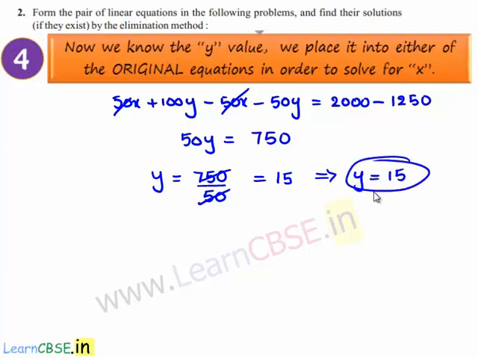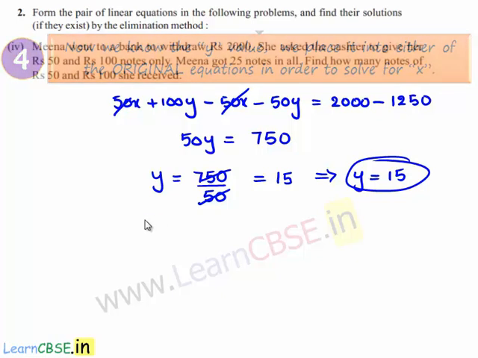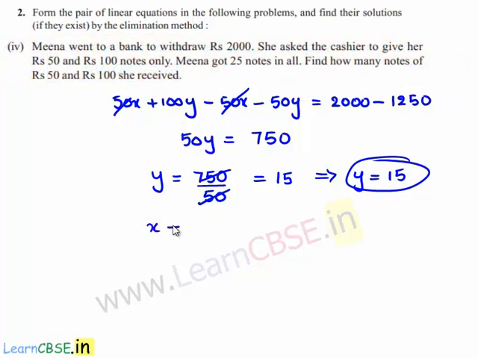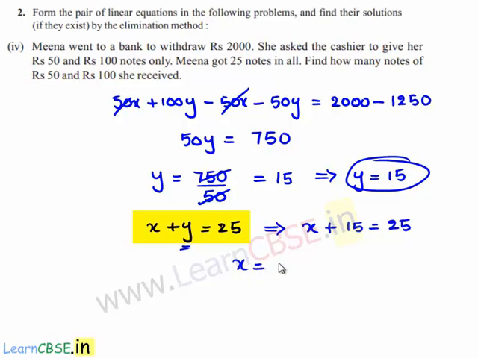In order to obtain the value of x, let us substitute the value of y in equation number 1, which is x plus y is equal to 25. That implies x plus, in place of y, let us write 15 is equal to 25. So x is equal to 25 minus 15, which is nothing but 10.